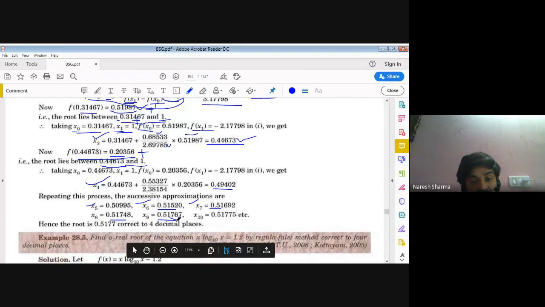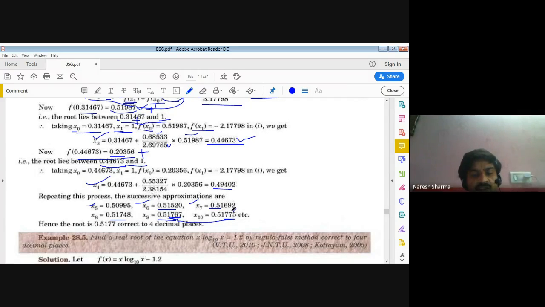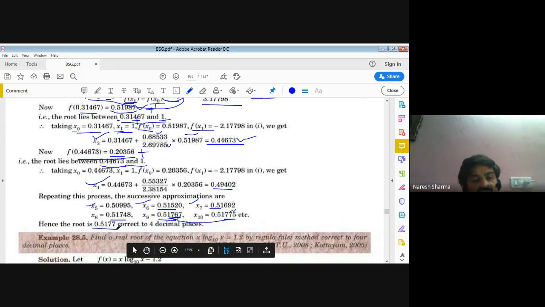So again one more step. If you round off this, it is 0.5177, and this is also 0.5177. If you round off it becomes 8, you may go for one more step. It doesn't matter, right? The answer is about 0.5177.